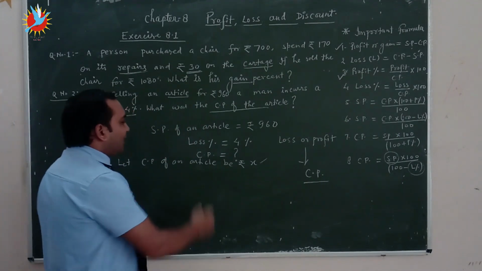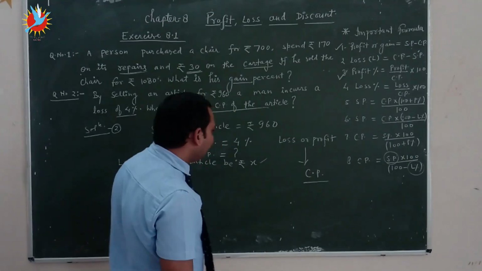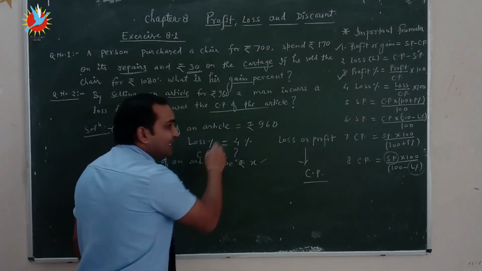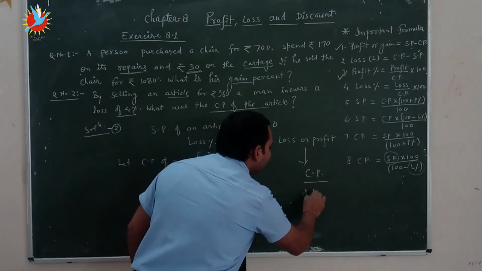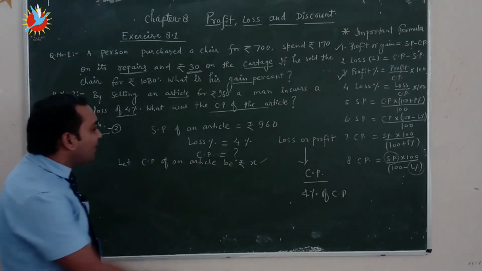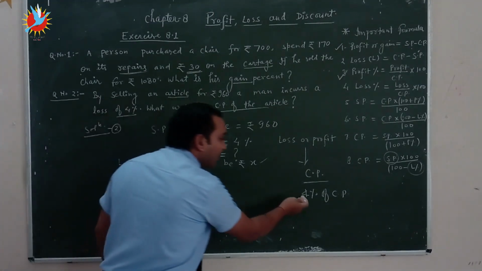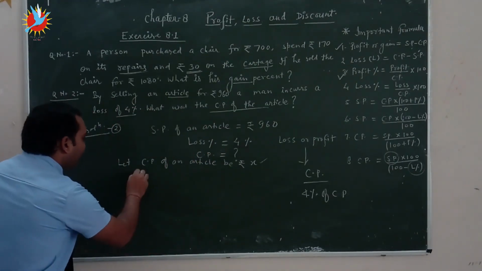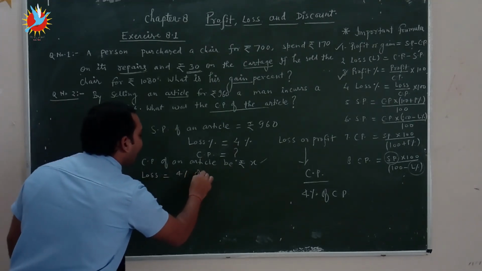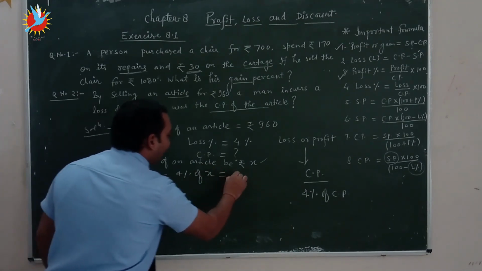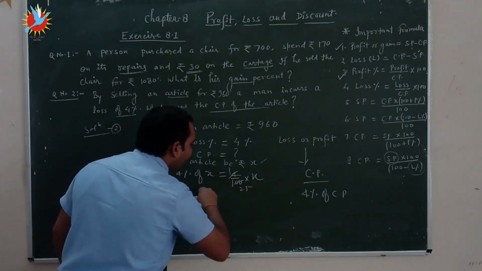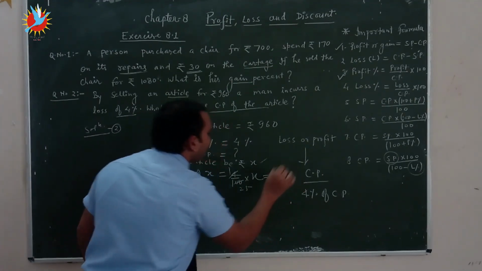If the given loss is 4%, we calculate the loss on the CP, that is 4% of CP, not SP. So here we calculate the loss: 4% of CP, that is X. So 4 upon 100 into X, that is X upon 25.